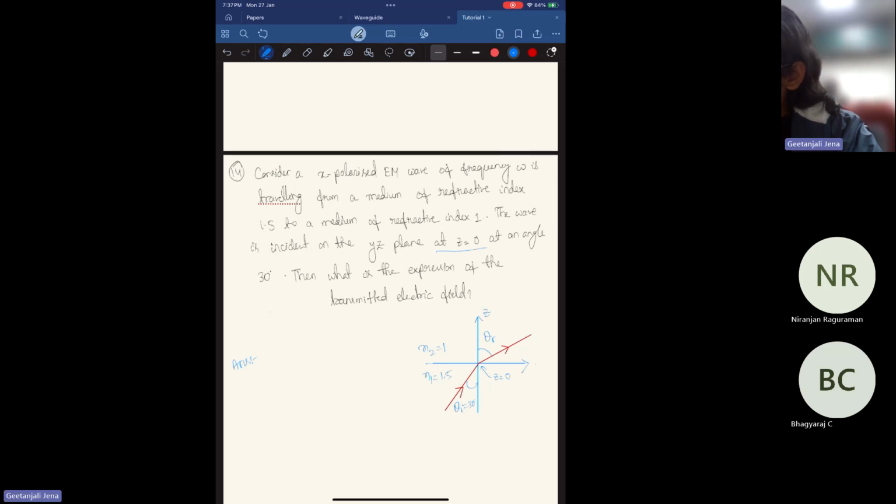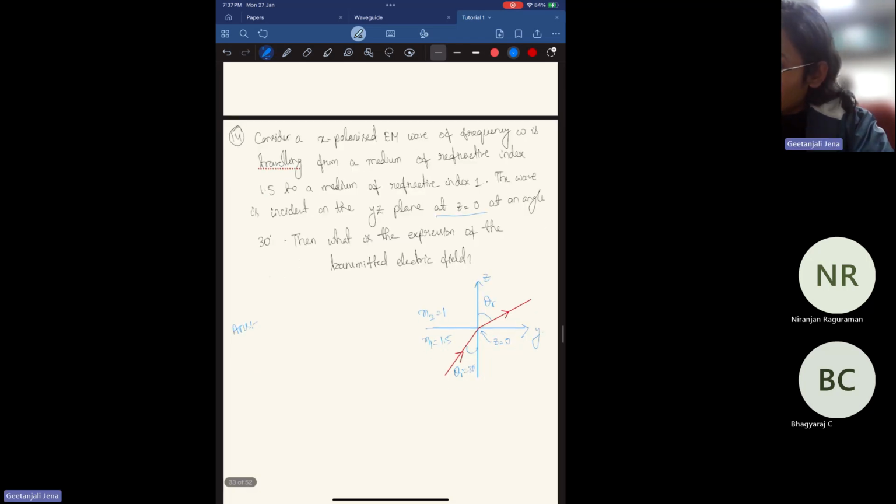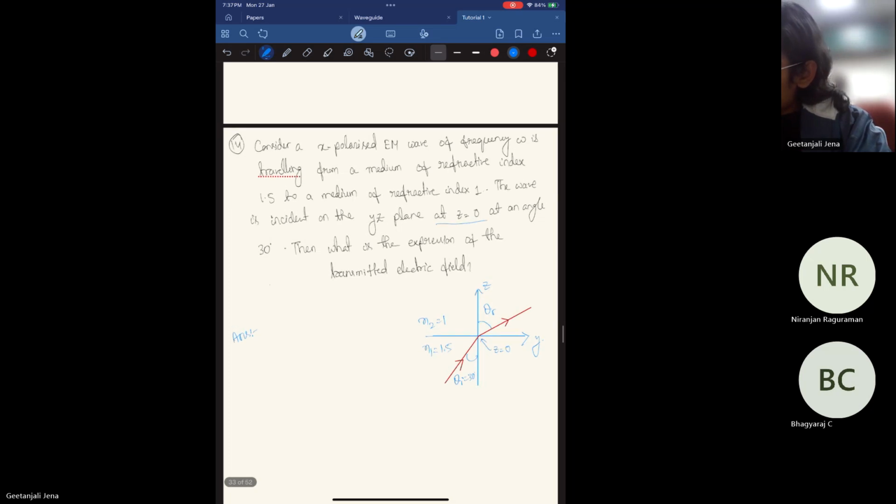This is the y. Whenever you get a situation like this, where the wave is traveling from a denser to a rarer medium, find theta c first. Theta c is the angle at which the transmitted wave becomes parallel to the plane of incidence.